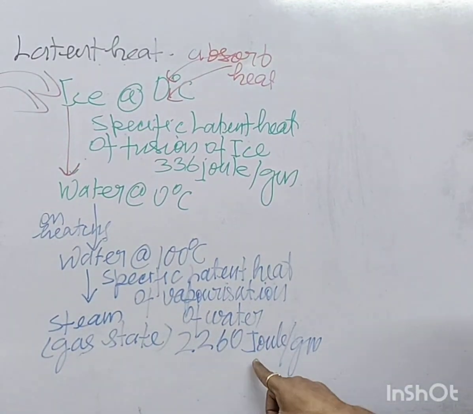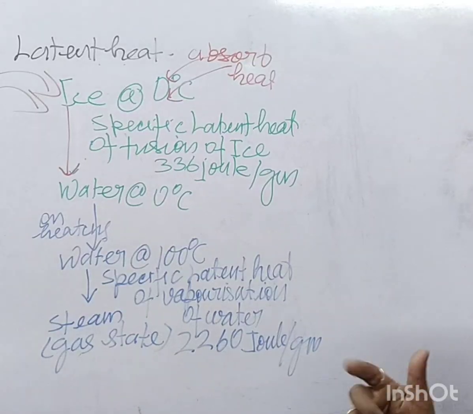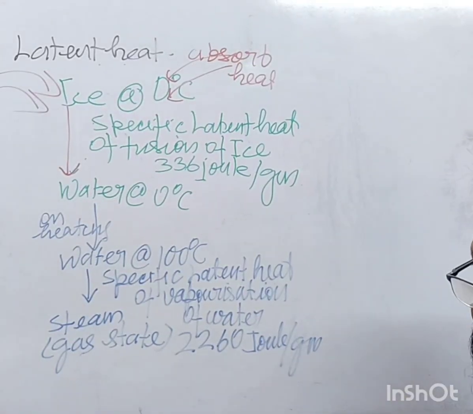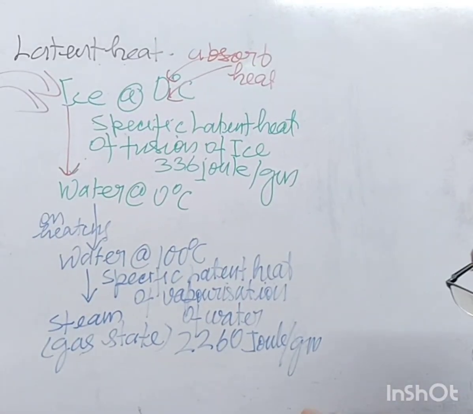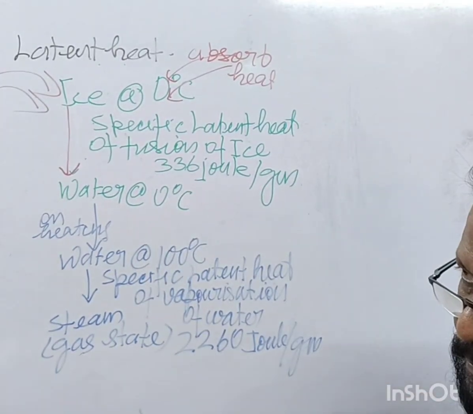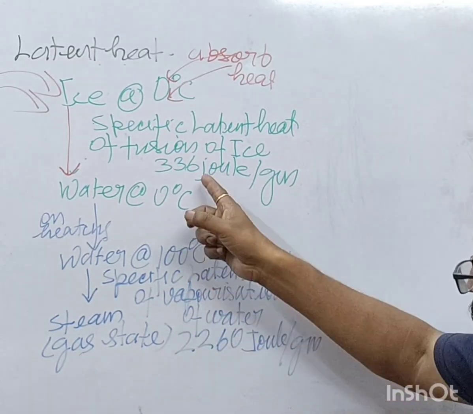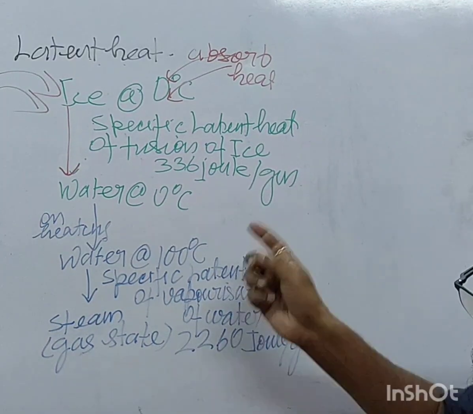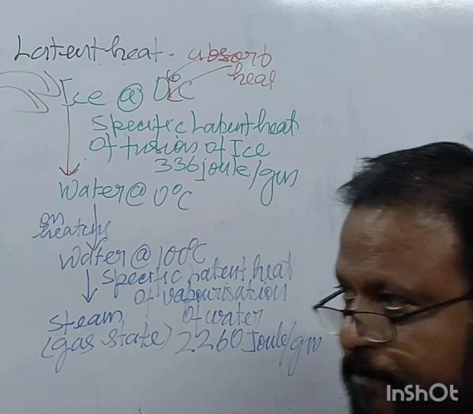It is given in joule per gram, unit mass. A unit mass of ice absorbs this much energy to convert into water.